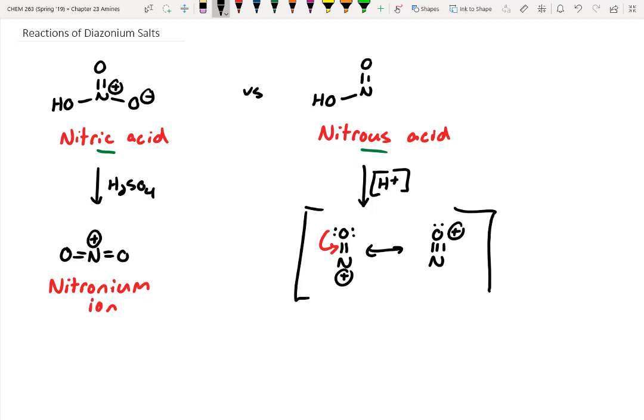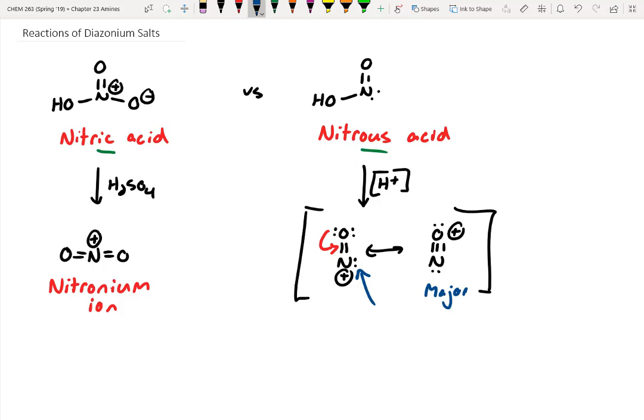Which one's going to be the major contributor? The one on the left or the right? Left? Why? Well, let's think about it this way. Nitrogen has a lone pair here and here, right? Octets, right? So over here, this is actually the major contributor because this nitrogen in this form doesn't have a full octet, right?